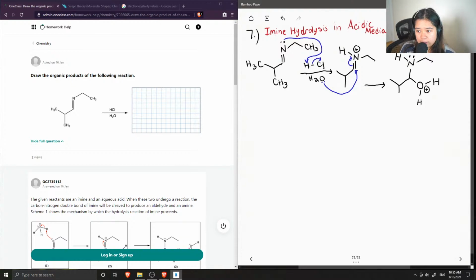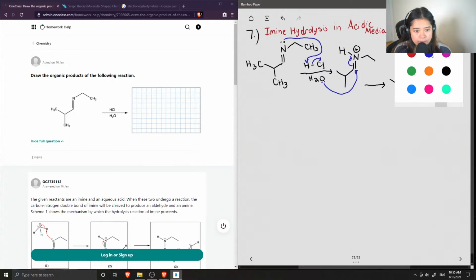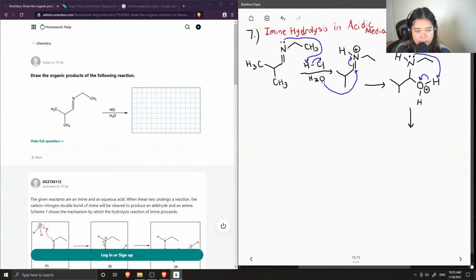So to relieve that positive charge, the lone pairs on the hydrogen will come in, take one of the protons, bringing electrons down to the oxygen.